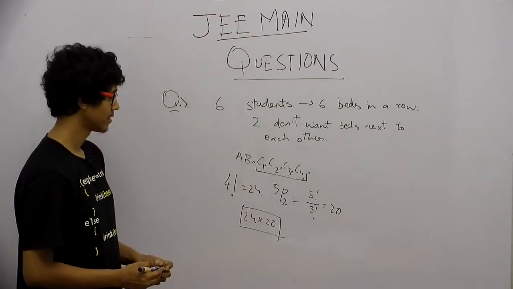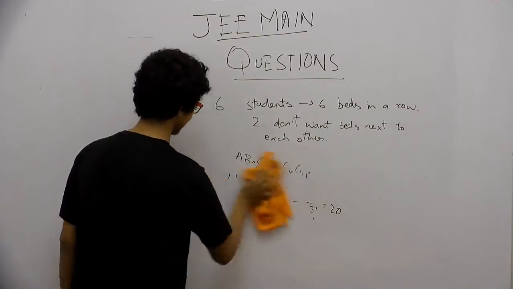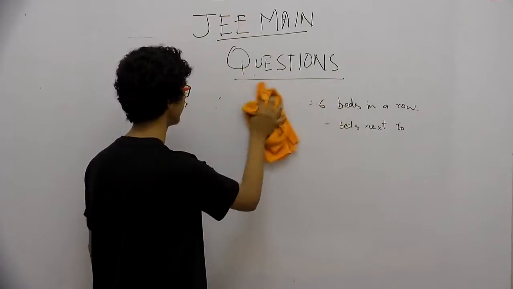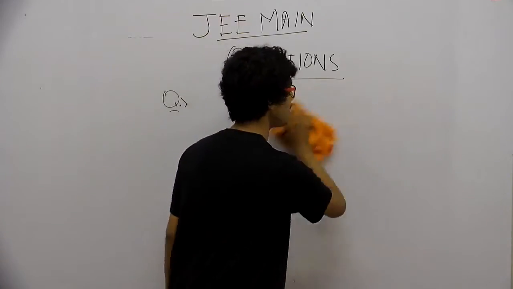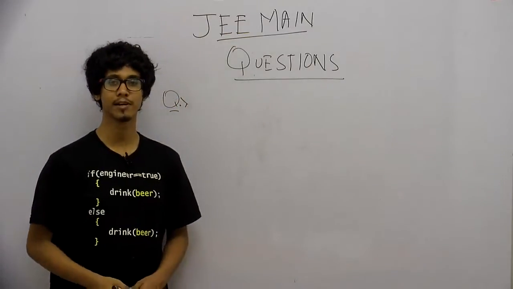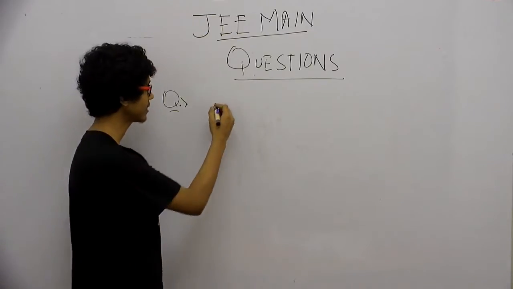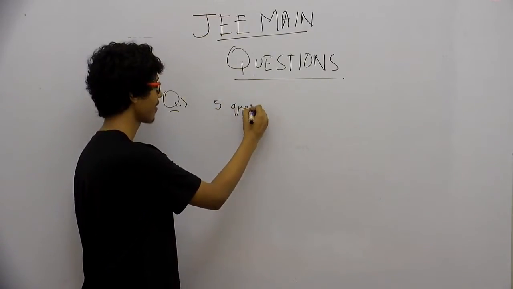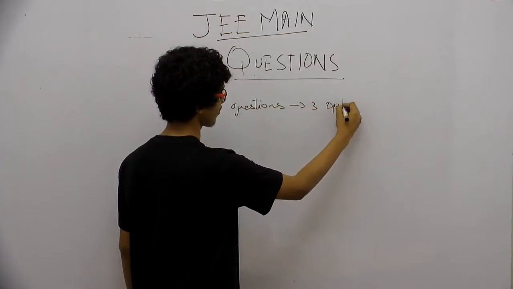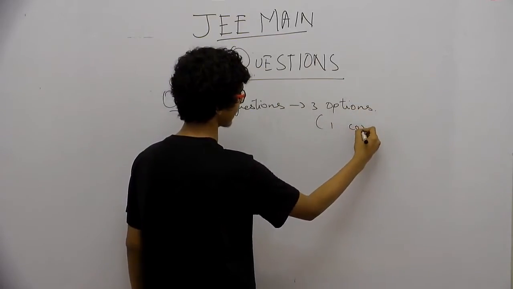Okay. Now moving on to the next question. It is given that we have a multiple choice question type test, and it has 5 questions, each with 3 options, out of which only one is correct.